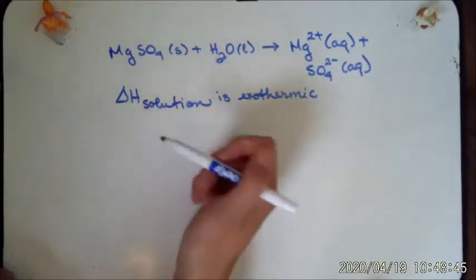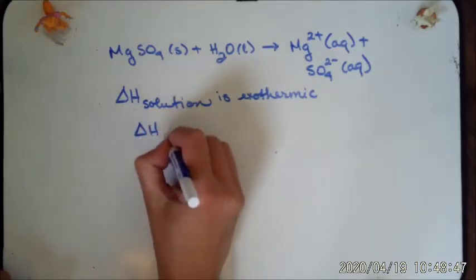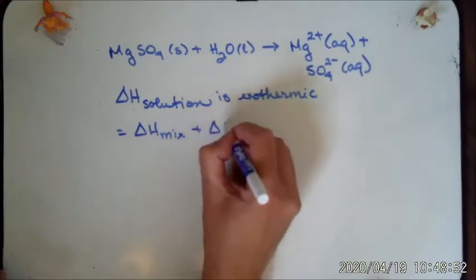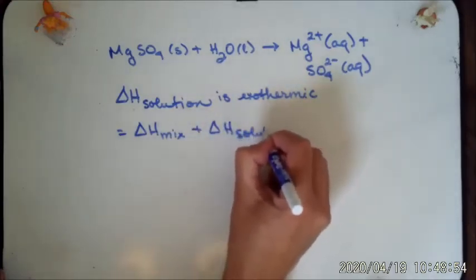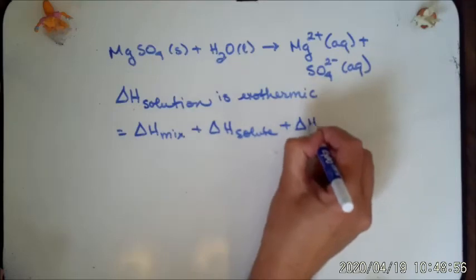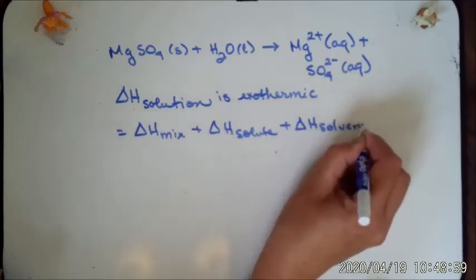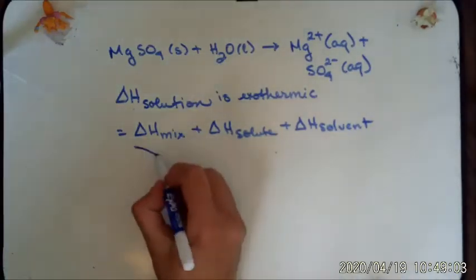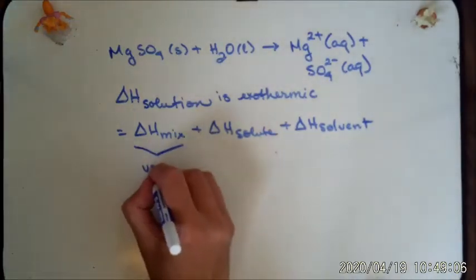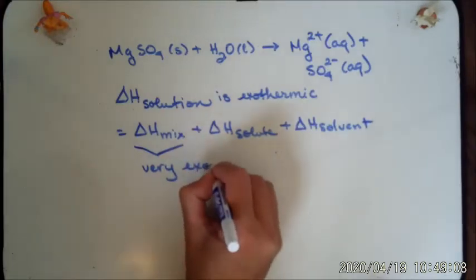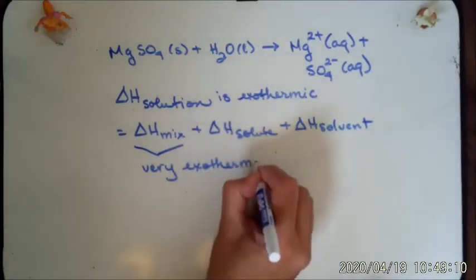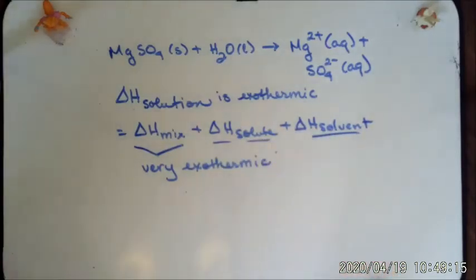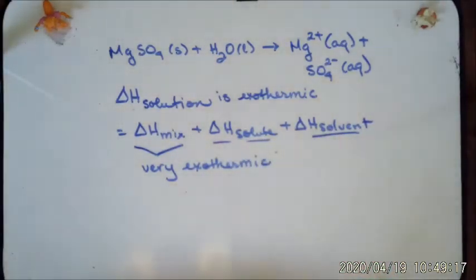Let's put it this way. So if we look at ΔH mixing plus ΔH solute plus ΔH solvent, what we find is this. This is very exothermic. So, and larger than solute and solvent interactions, and so it's exothermic when it dissolves.